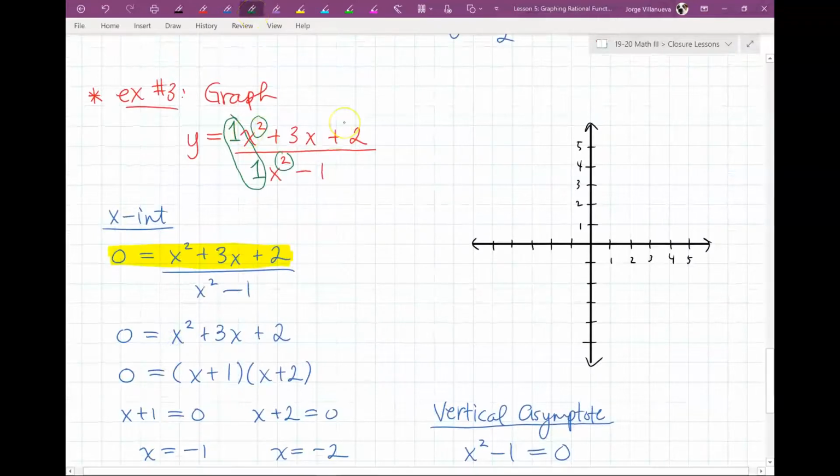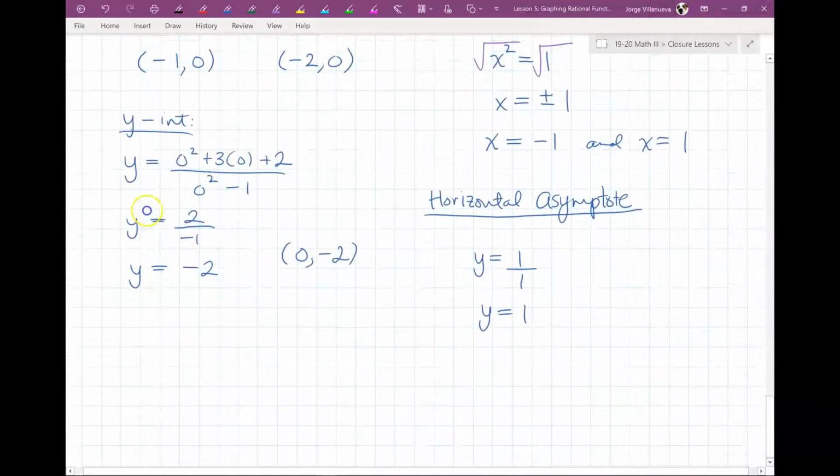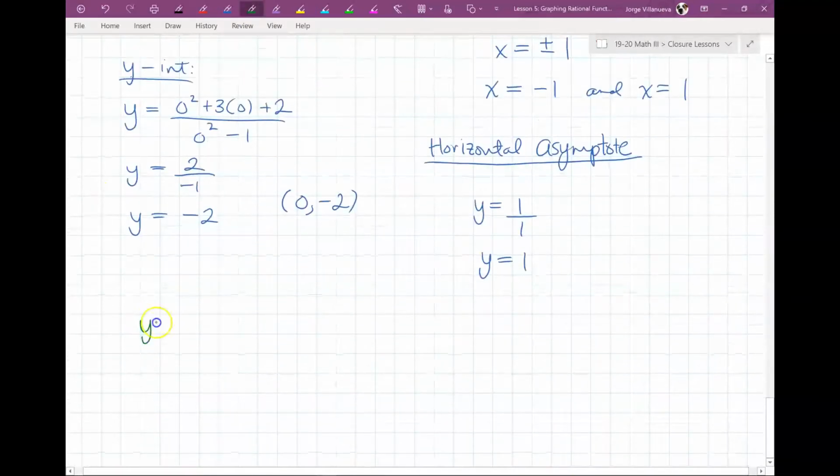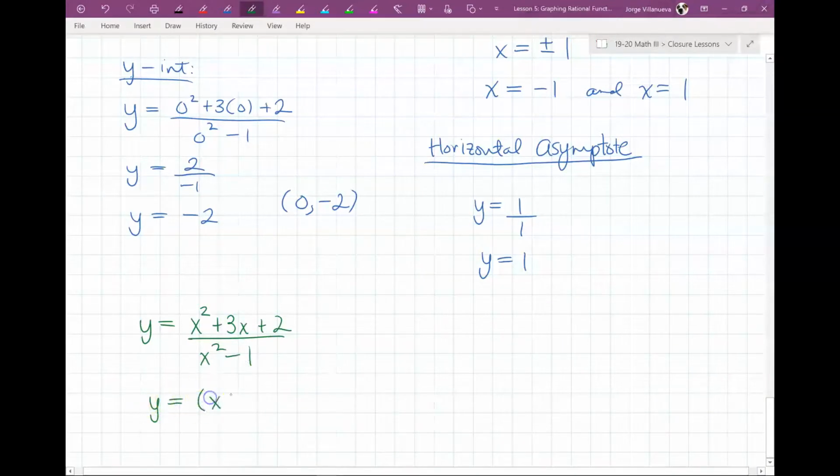I look at my function. Let me rewrite it way down here. y equals (x squared plus 3x plus 2) over (x squared minus 1). And if I factor everything using the x method and difference of two squares, that's how I get (x minus 1)(x plus 1).